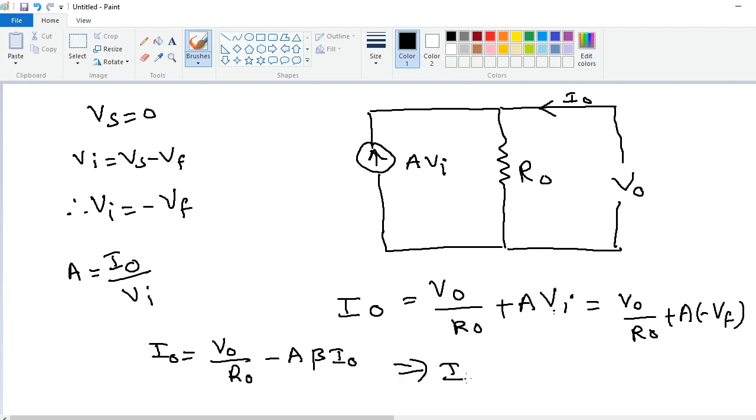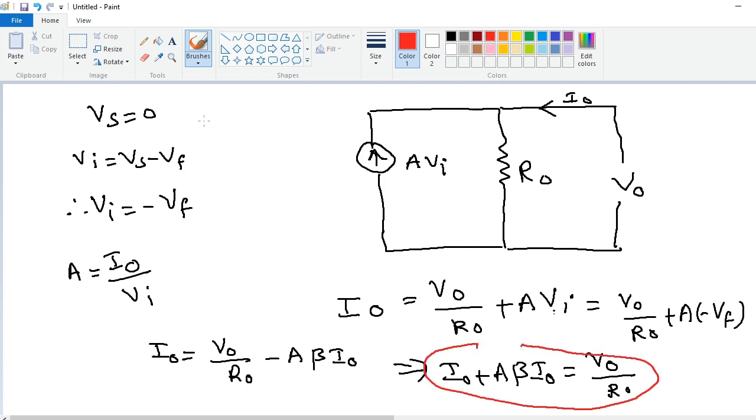Obviously we'll get I naught plus A beta I naught is equal to V naught by R naught. Next step, from this equation I naught is taken common: I naught into 1 plus A beta is equal to V naught by R naught. Simple cross multiplication, V naught by I naught is equal to R naught into 1 plus A beta.